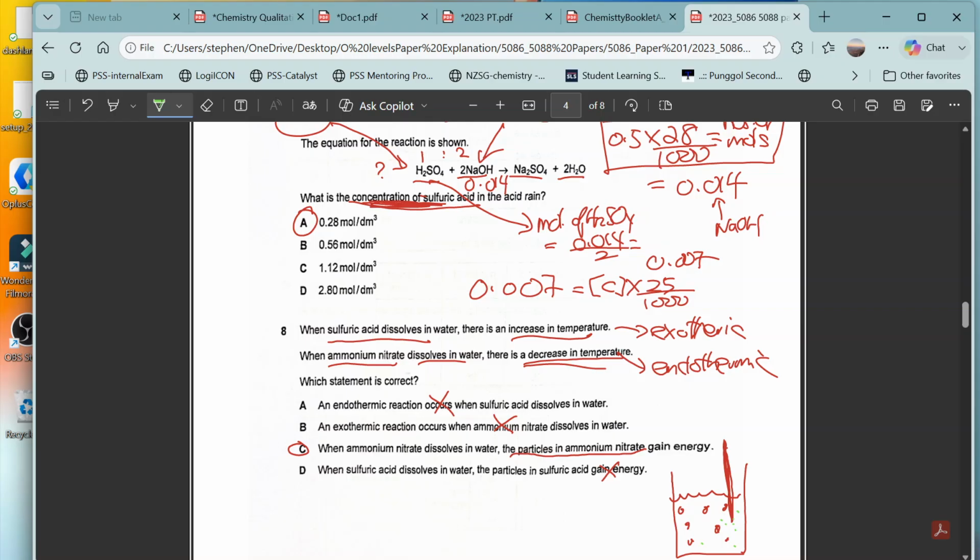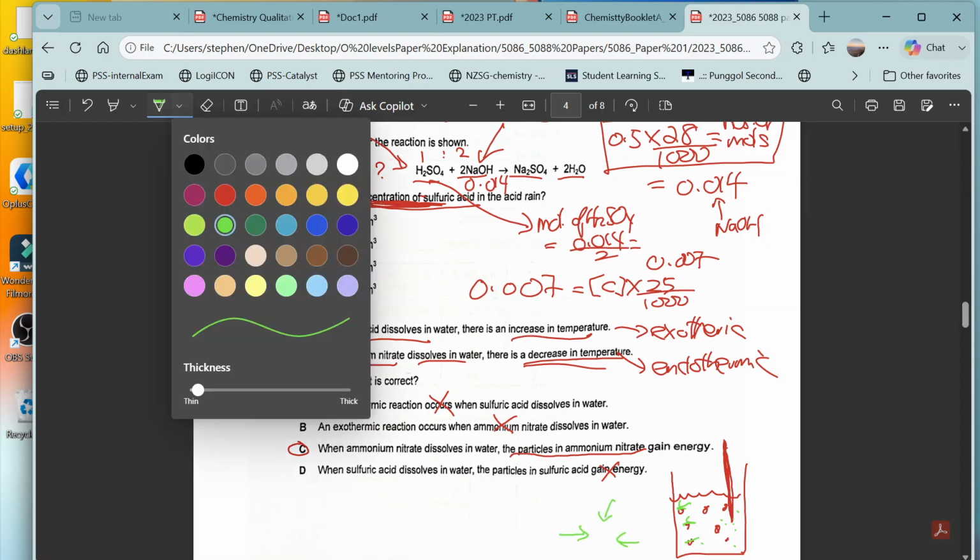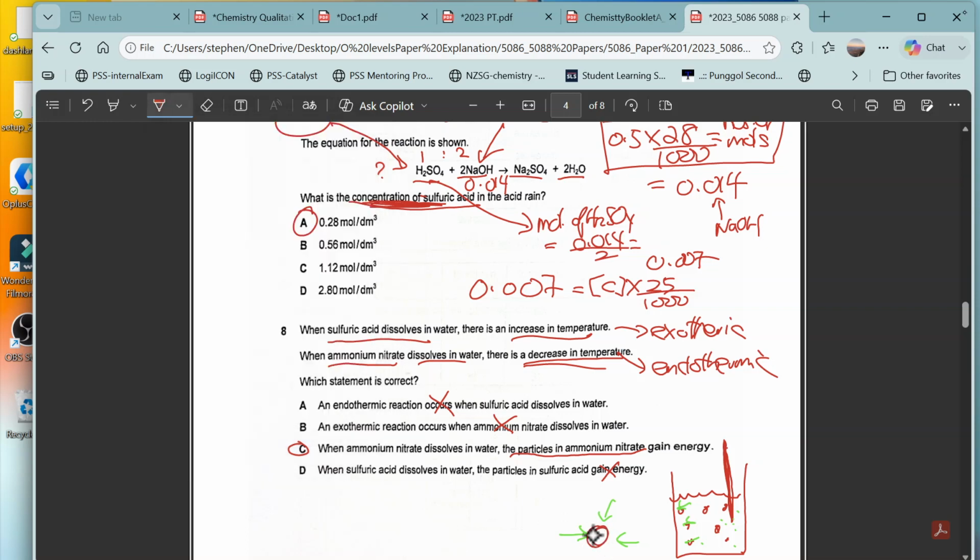And I think you get it now. Because the ammonium nitrate gains energy, it means it absorbs in. It absorbs all the, let me see, let me do it another time. So imagine this is your particle, okay? I exaggerated.